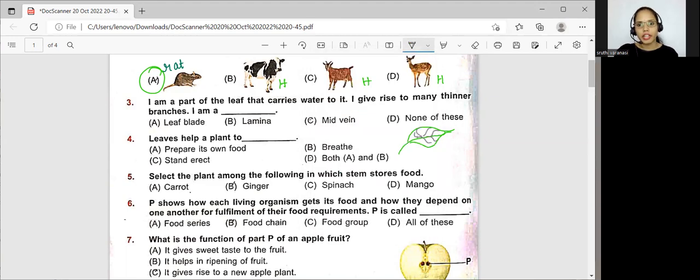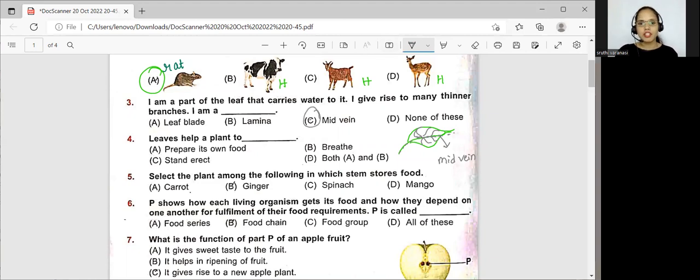This is the midvein, which you can also call the midrib. This midvein will supply water to the entire part of the leaf through these thinner branches. So what is the part of the leaf that is carrying water to it? It is the midvein. Okay, so the correct answer is option C.